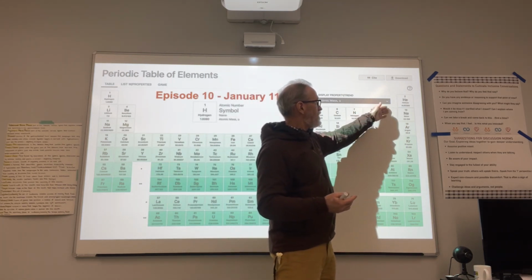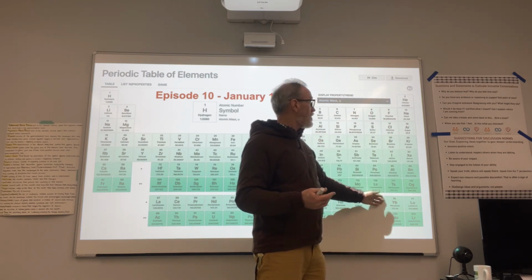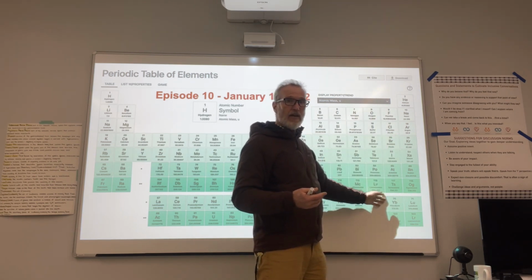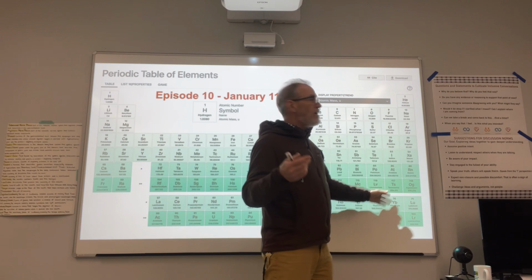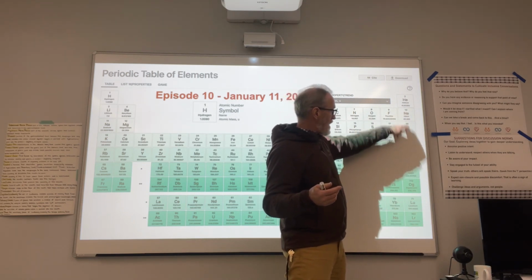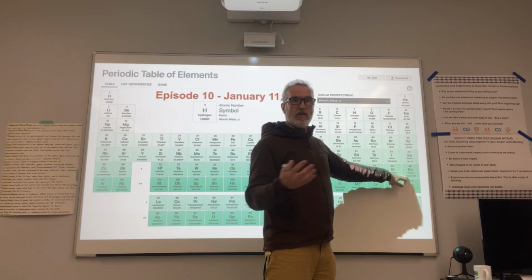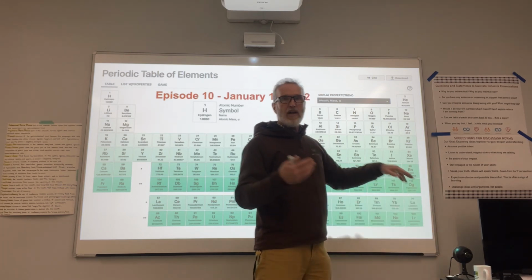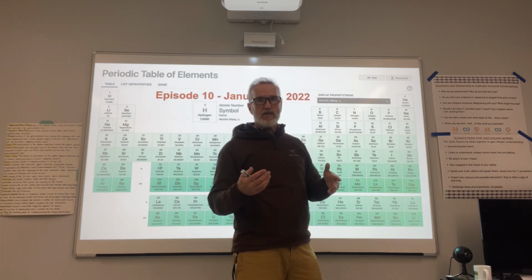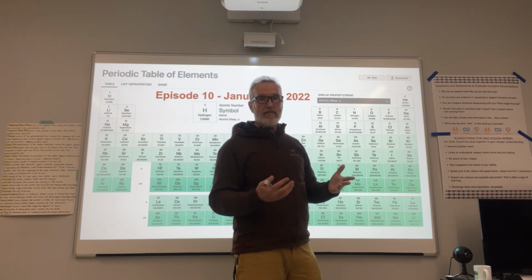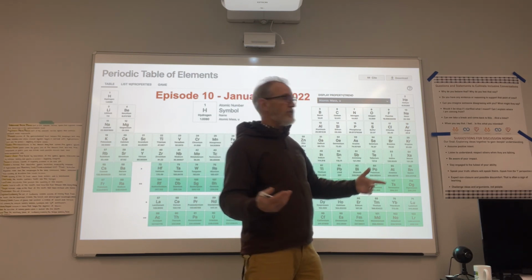The effective nuclear charge for the halogens, fluorine, chlorine, bromine, iodine, astatine down here, 7. The effective nuclear charge for neon and the other noble gases, 8. So the noble gases have the highest effective nuclear charge acting on their valence electrons.